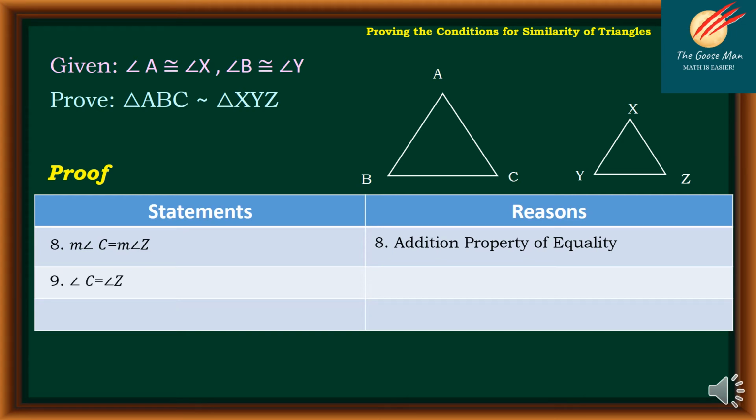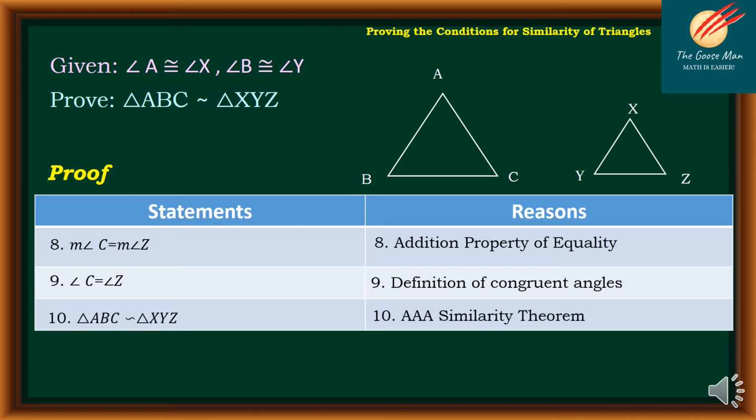For number 9, angle C is congruent to angle Z because of the definition of congruent angles. So therefore, we can say that triangle ABC is similar to triangle XYZ because of the AAA similarity theorem.